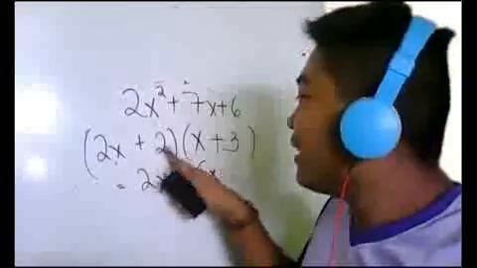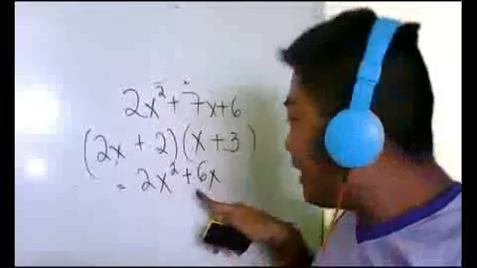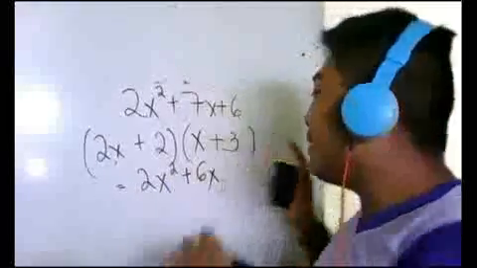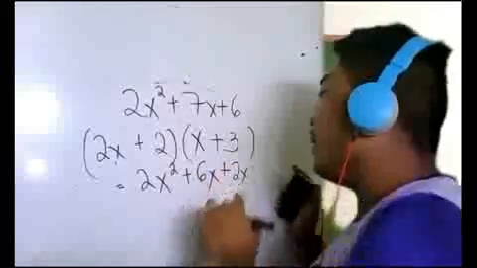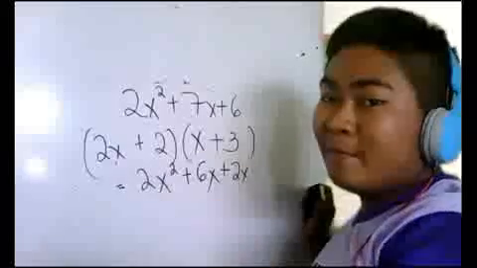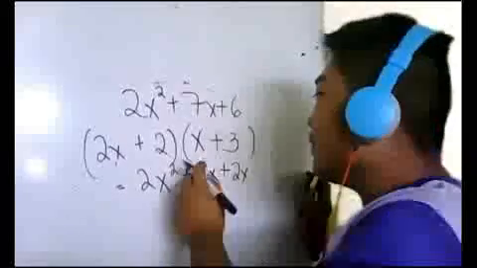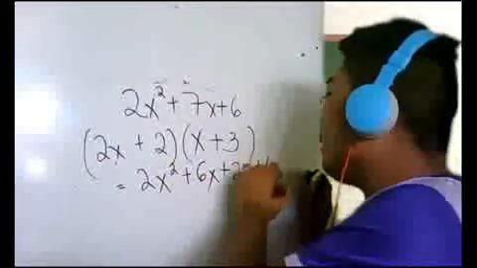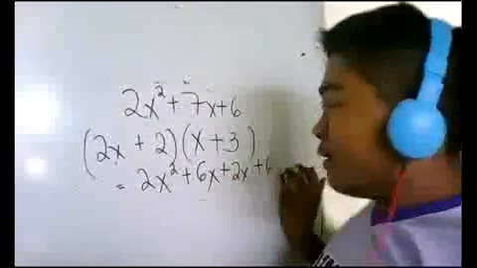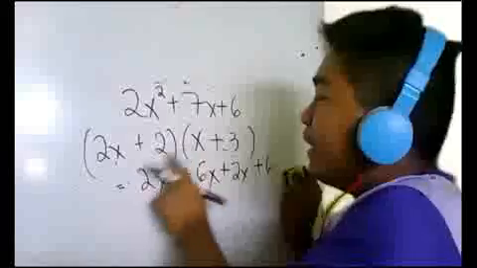And this one, 2 times x, that will give us positive 2x. So 2x plus 6x plus 2x is sobra na, di ba? So sobra yung gitna natin, kaya mali yung pagkakalagay natin dito.